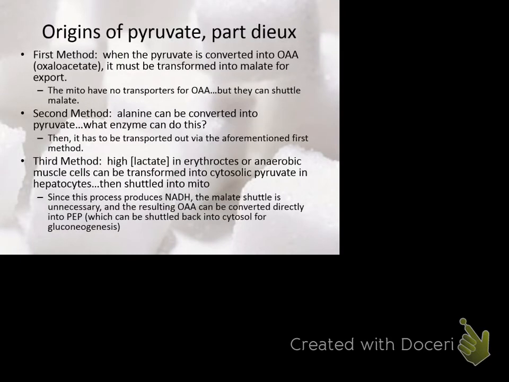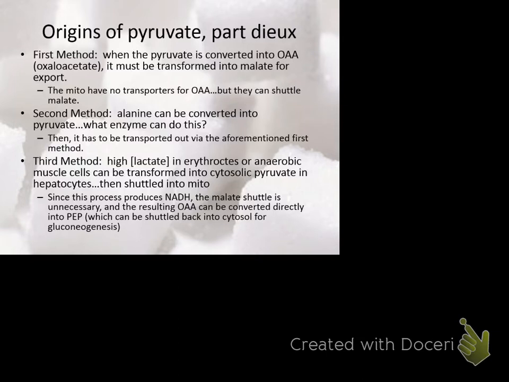Okay, so there are 3 methods. The first method is it's converted into oxaloacetate. But there's a problem. Oxaloacetate cannot cross through the membranes. Okay? So there's no way. So you have to have some way around that, and it's called the malate shuttle. Because there are transporters for malate, malate can go back and forth.